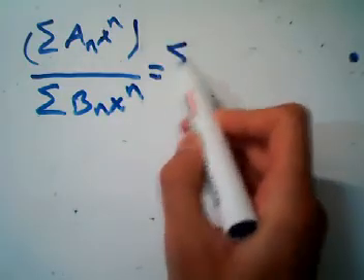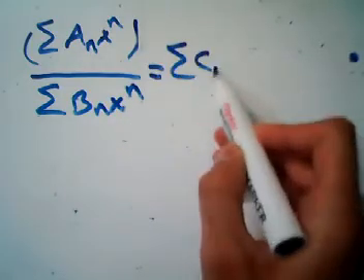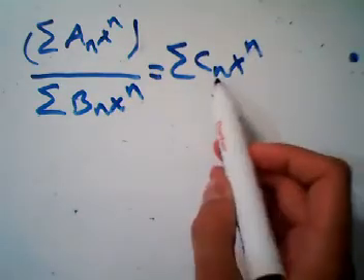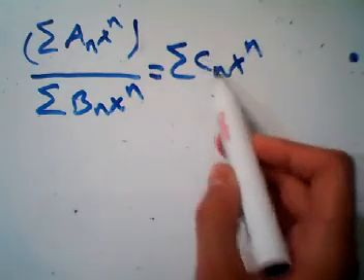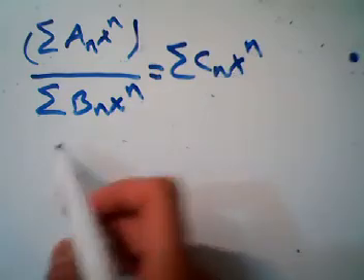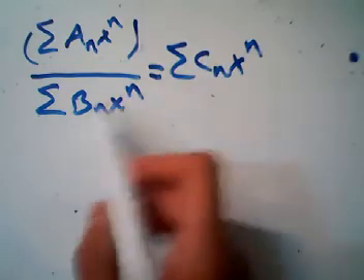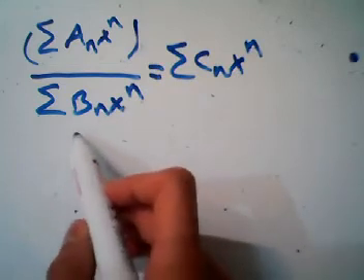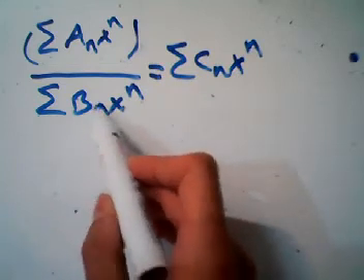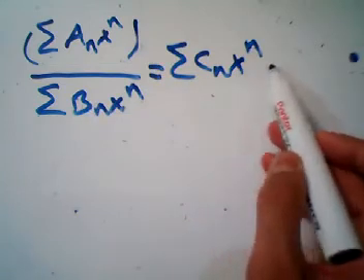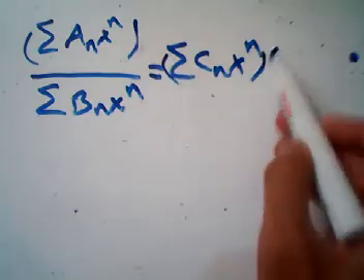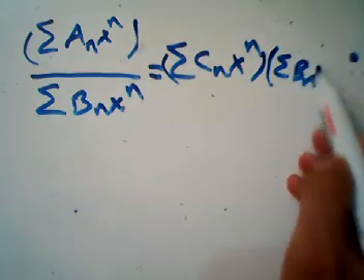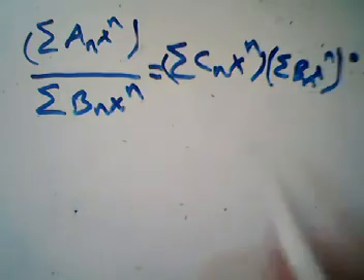This is also a power series, sigma Cn x to the n. In order to find the coefficients Cn, we should multiply both sides by the denominator. So this goes here, sigma Bn x to the power of n.